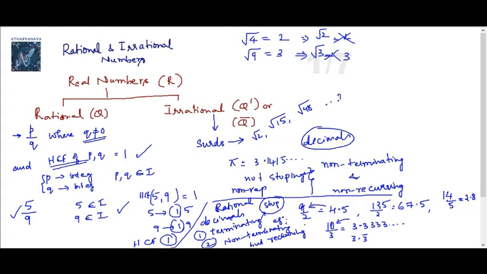Not only this way, you can write 2 root 17, or I can say minus 7 root 3, and so on. These are some examples of surds. Let's see the next topic about further categorization of rational numbers.